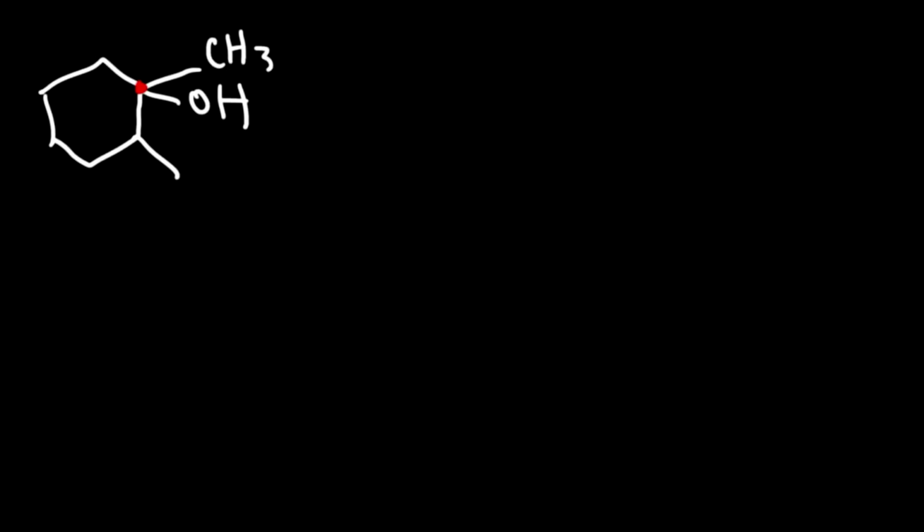And so this is going to give us a tertiary alcohol. Now we need to determine if this carbon is a chiral carbon, and it is. It has a methyl group, an OH group, and this side is different than that side. The side towards the bottom has a methyl group.